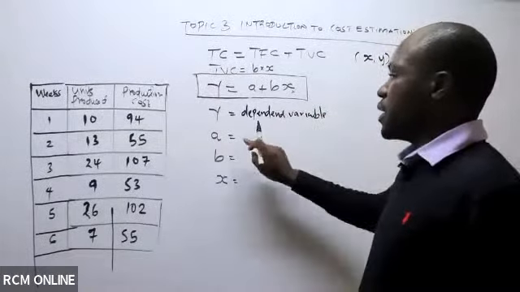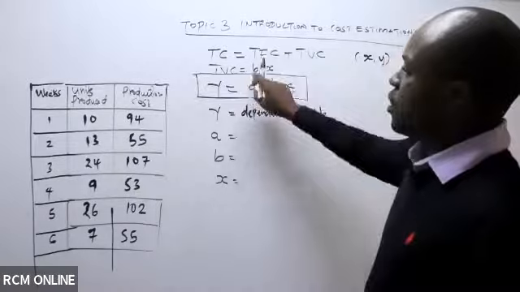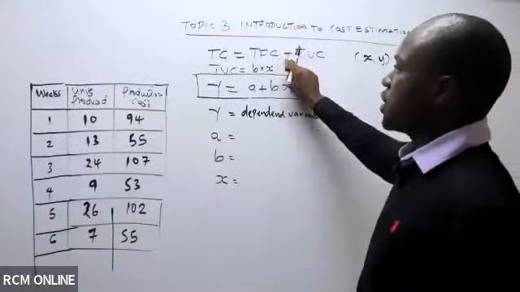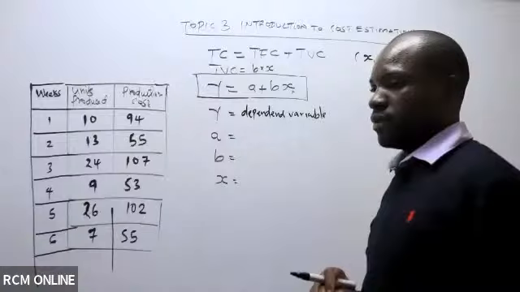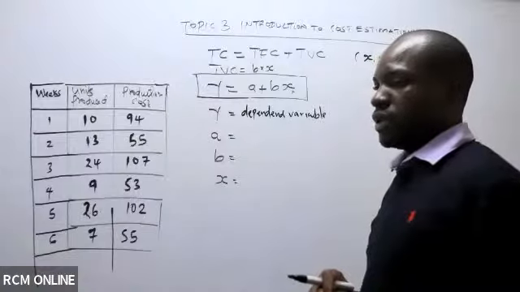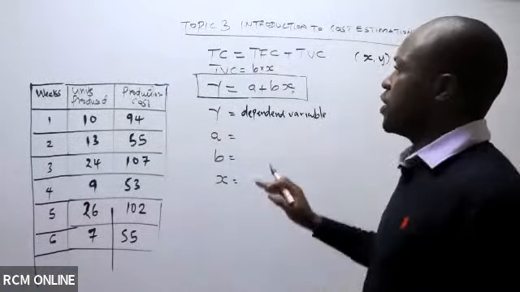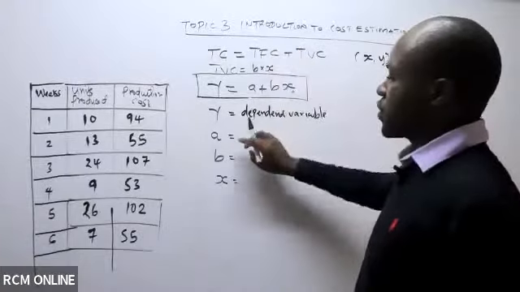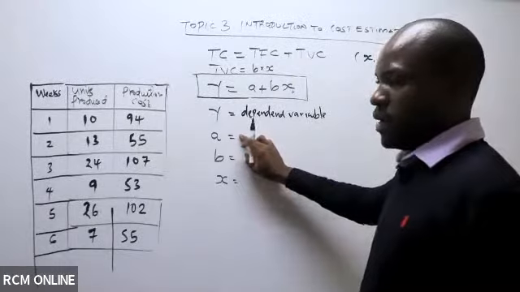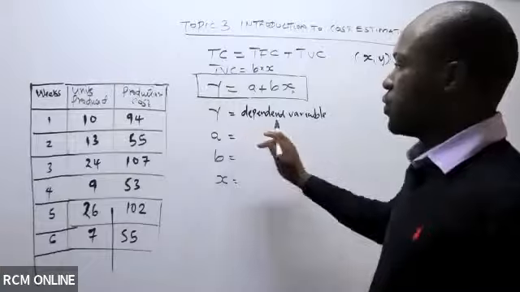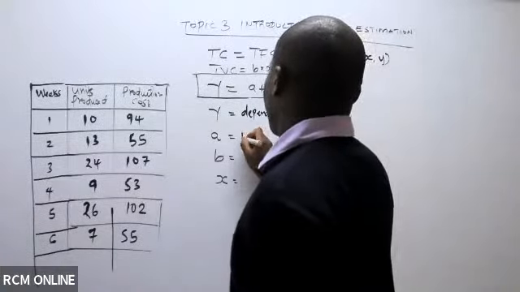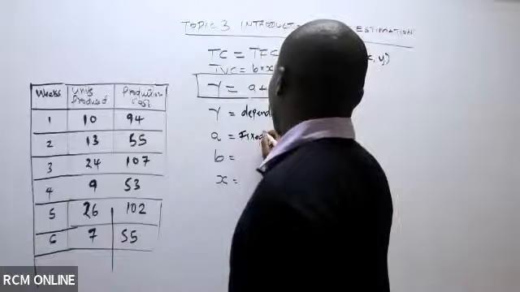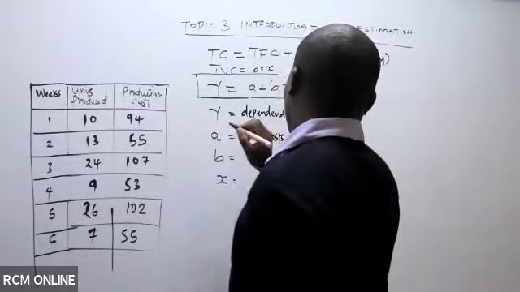How about A? Total fixed cost. It is constant. It does not change, right? So this total fixed cost is constant. It does not change. So this is what we call fixed costs.